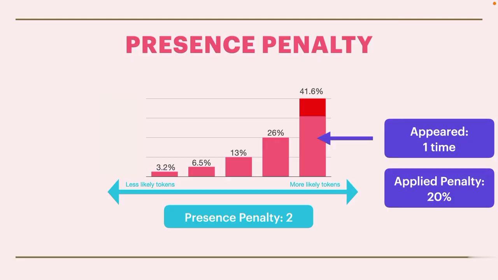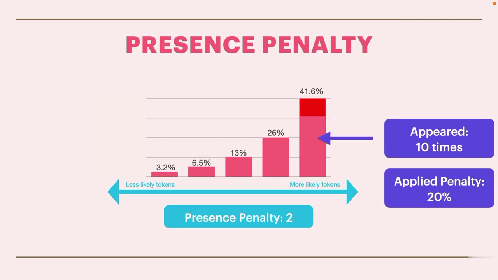Now, if that token appeared 10 times so far in the prompt response, the applied penalty is unchanged, and it's going to stay at 20%. And that's because the presence penalty is not proportionate to the number of times the token has appeared so far in the prompt response, unlike the frequency penalty.